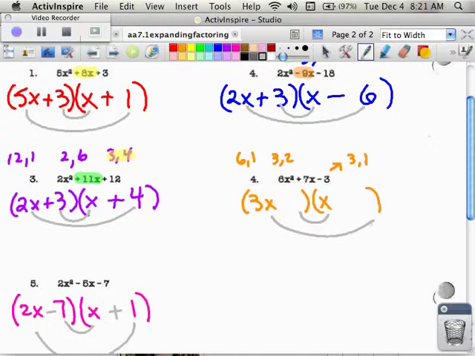So the 3 has to go in the second parentheses if I'm going to use it. It cannot go in the first. And the 1 would have to go in the first parentheses. So as I look at the inners and the outers and I try to produce this, what I notice is when I do this, I have 1x in the middle and 9x.